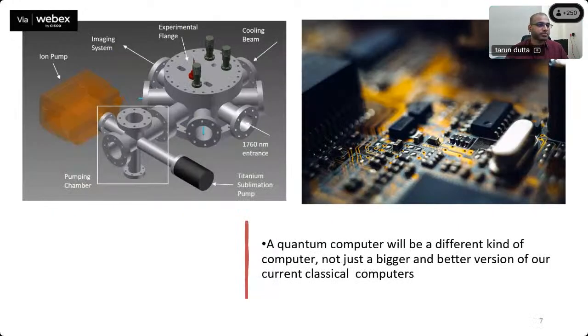But is it true that quantum computer will be replacing classical computer? It is not true. Quantum computer will be a different kind of computer, not just a bigger or better version of the current classical computers. For a small problem, like some multiplication problem, if I want to use a quantum computer, that will be costly.